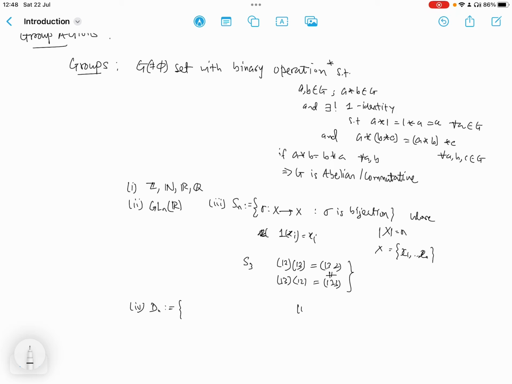So in our case, the order of Dn, that is the cardinality of this set, will be 2n. And this is just the group on two generators, where R is the rotation and S is the reflection, with the extra condition that S R S inverse is R inverse.